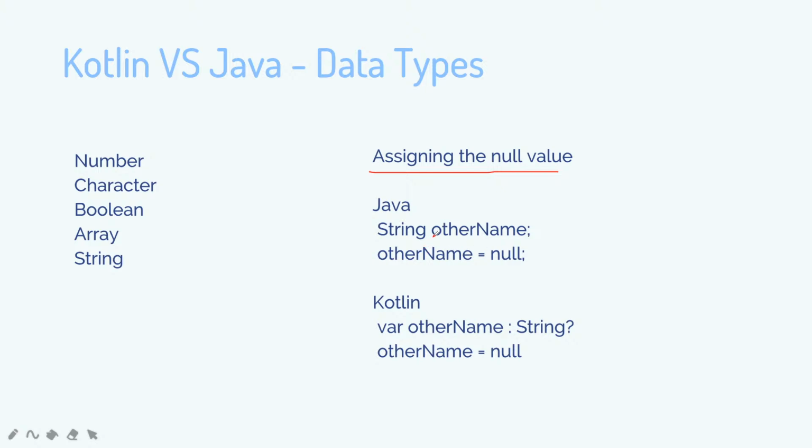That is, we need to declare the variable name, and after that we need to give the null. But if you want to do it with the Kotlin language, we use var, the name, and then String with a question mark, and then the other name we need to save like this. So like this, you can assign the data types like number, character, boolean, array, string, and then assign null values.